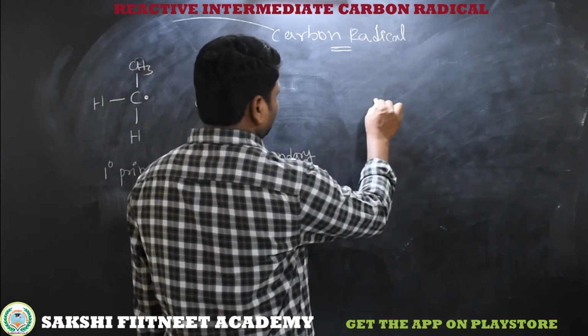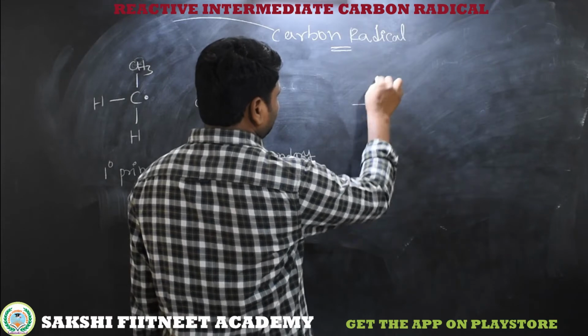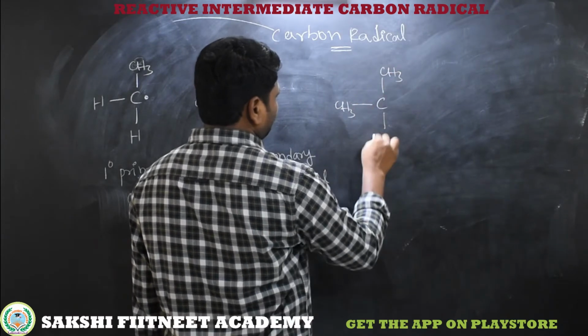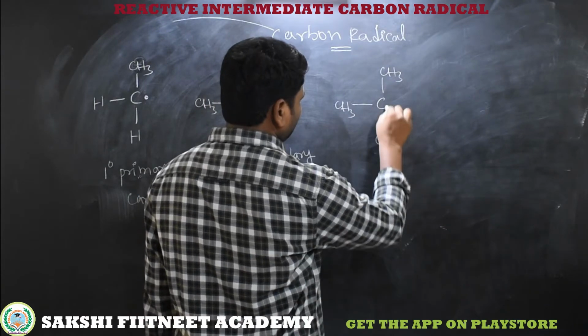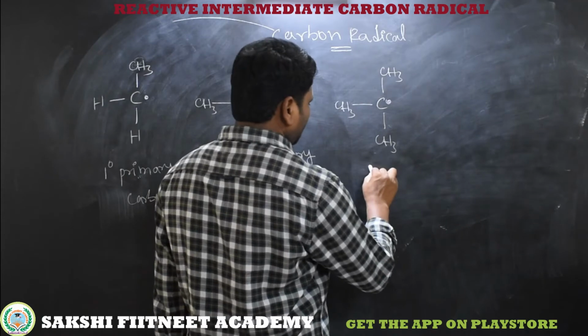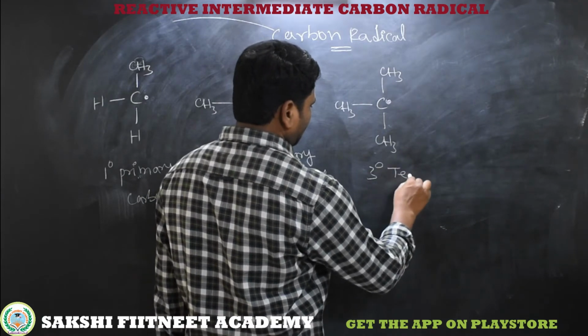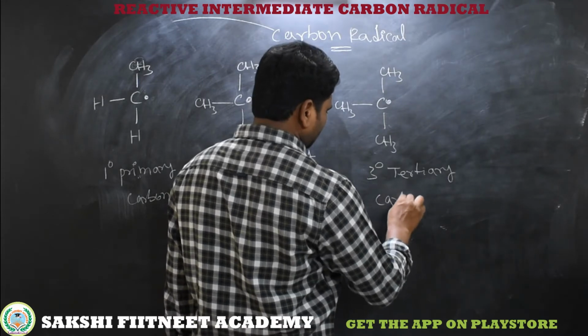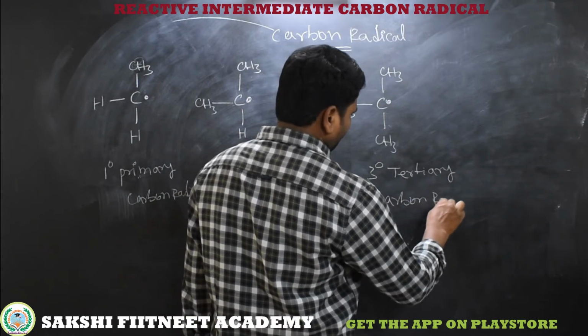Now coming to the carbon which has 3 alkyl groups, CH3, with a radical. This is called a tertiary, 3 degree carbon radical.